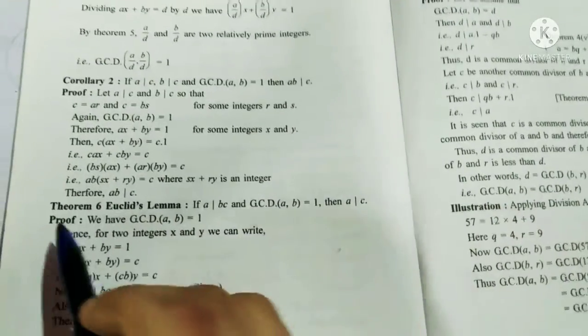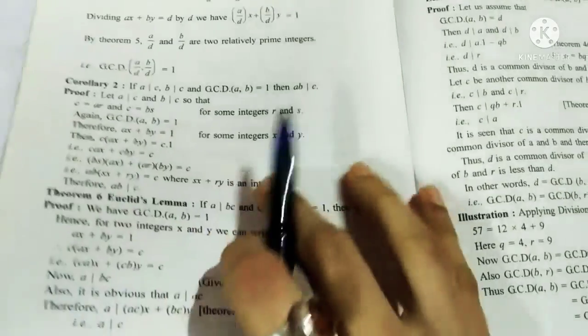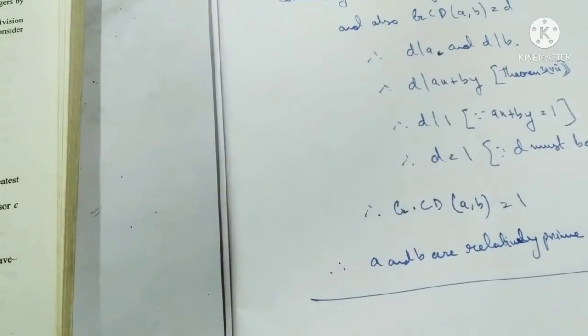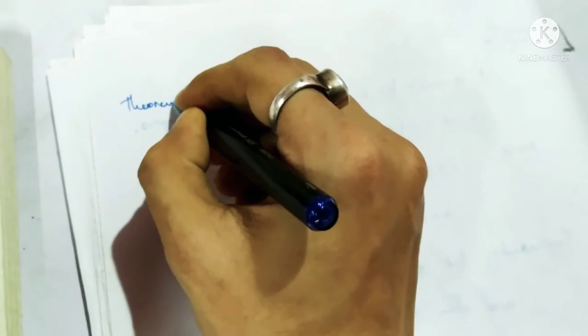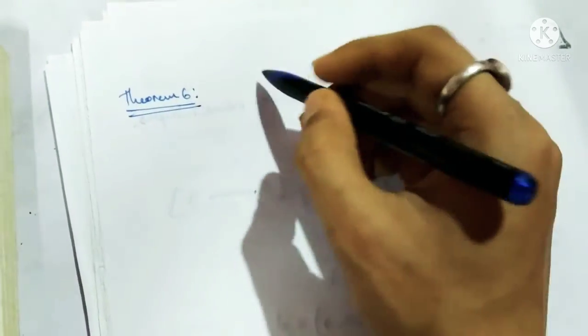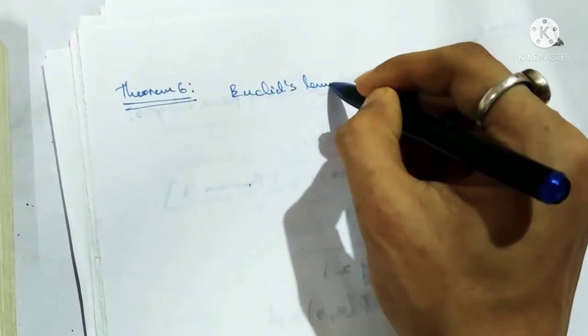Now I will go to Theorem 6, Euclid's lemma. Some of the theorems I am explaining here, watch the proofs very carefully. These theorems are very important. Theorem 6, Euclid's lemma.